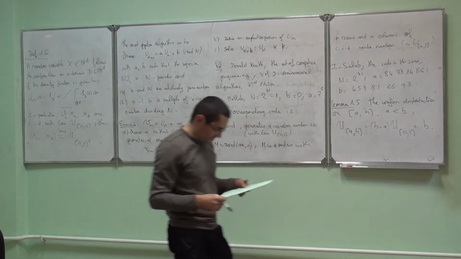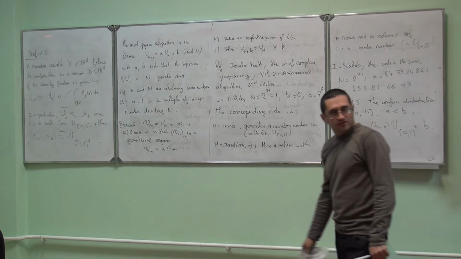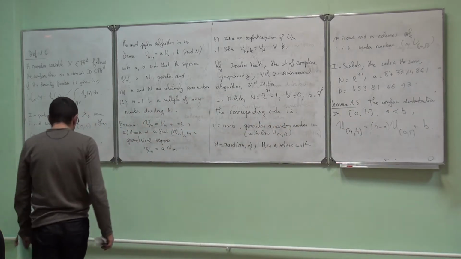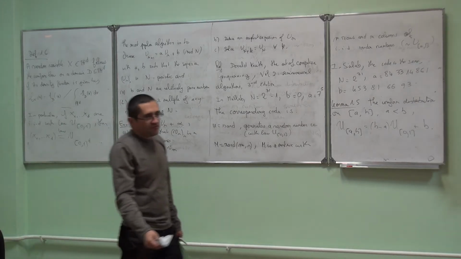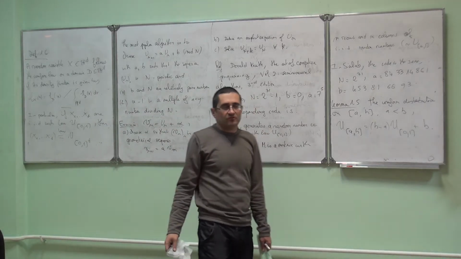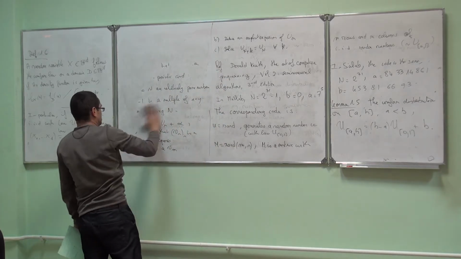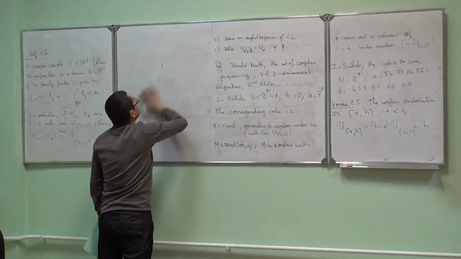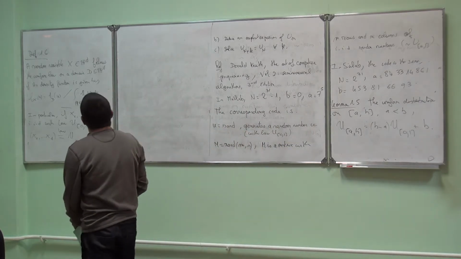Okay, so it's very simple. So now let us recall the inversion technique, which allows us to simulate general random variables from the standard uniform one. So this is the so-called inversion technique.